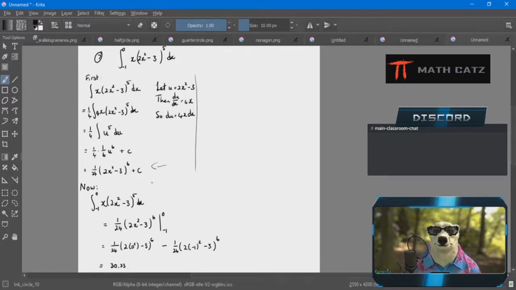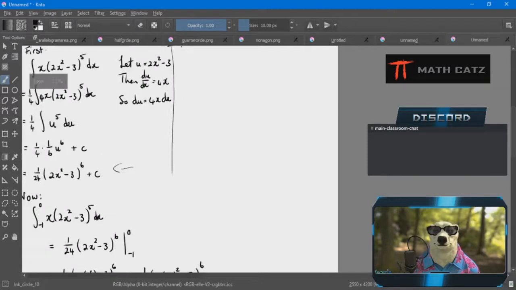Now I kind of do care because a long function here will present potential difficulties when I calculate, which I do have to do. So what else could we have done? Let's zoom in.